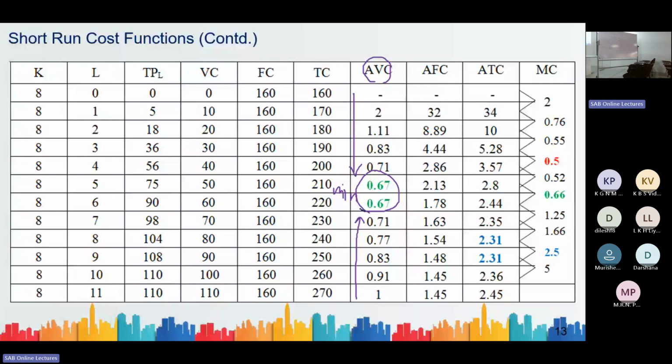When average variable cost is minimum, marginal cost and average cost are equal. That is what we observed in our diagrams as well.